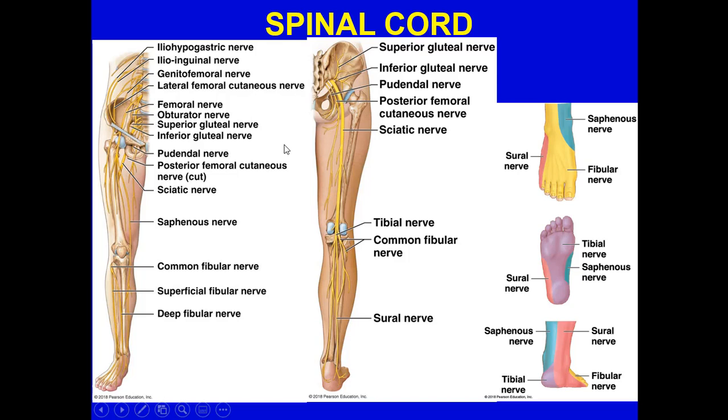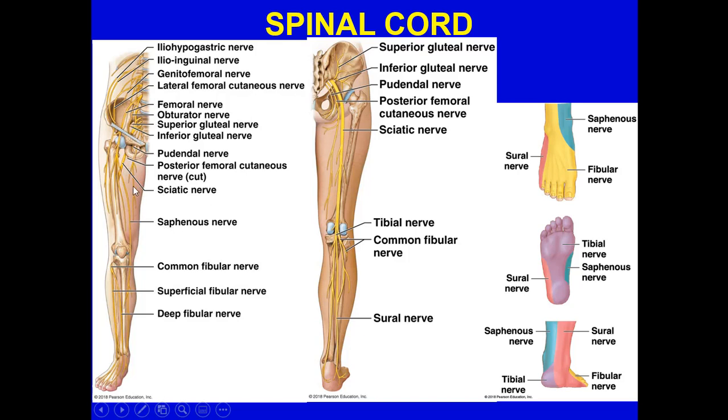And you can see as you move down here, I expect you to know not only the iliohypogastric, ilioinguinal, genitofemoral, lateral femoral cutaneous, and the femoral and obturator, the superior gluteal, the inferior gluteal, the pudendal, but then the posterior femoral cutaneous. You can see where they had to cut that.